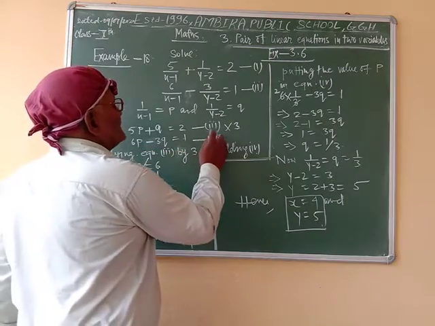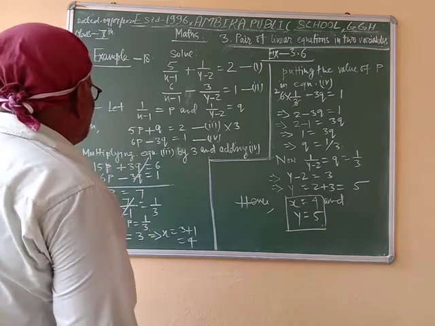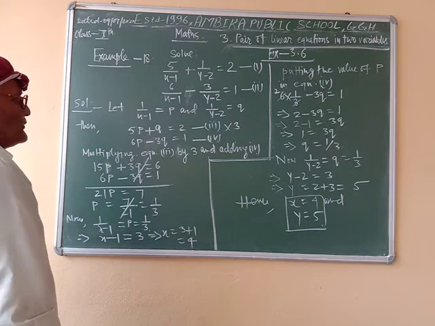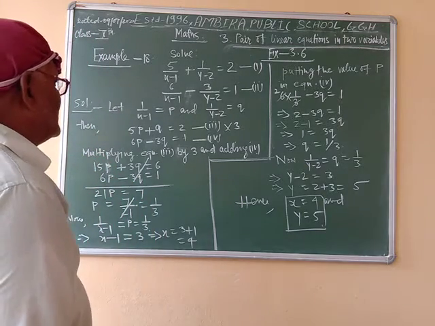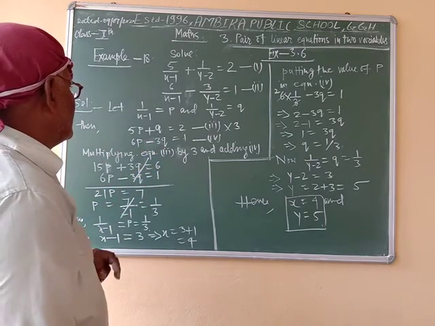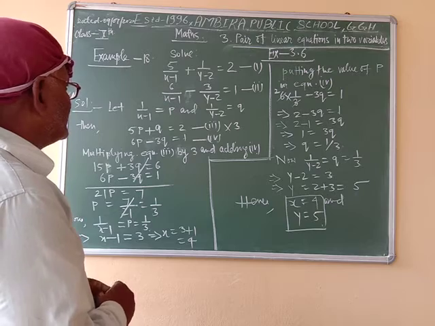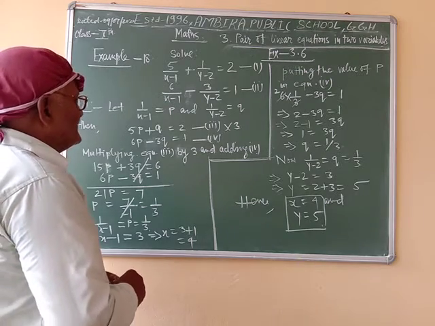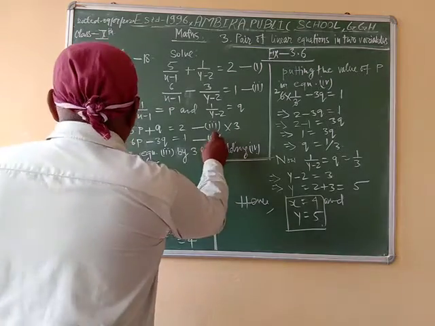We consider equations 3 and 4. Here we see that coefficient of q in the first equation is 1 and in equation 4 the coefficient of q is minus 3. So multiply equation 3 by 3 and add with equation 4.